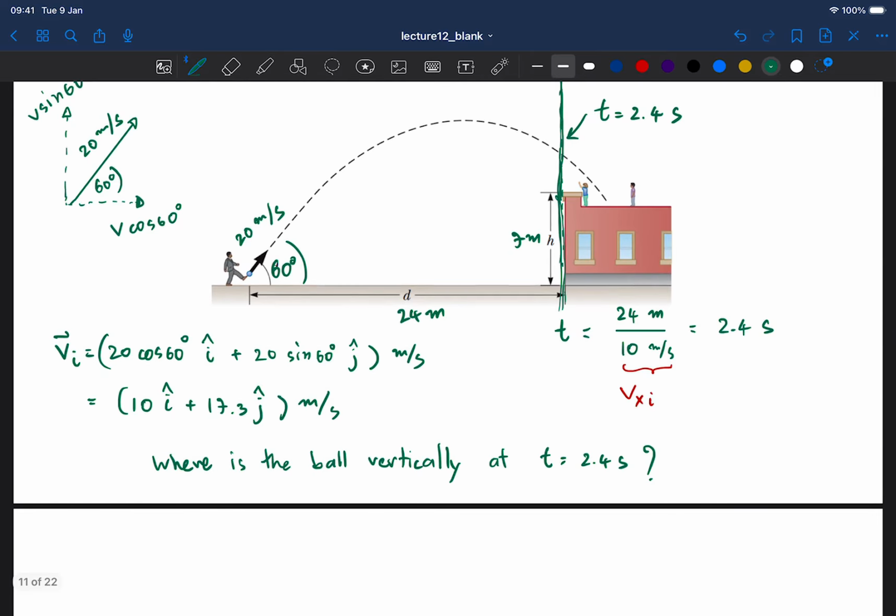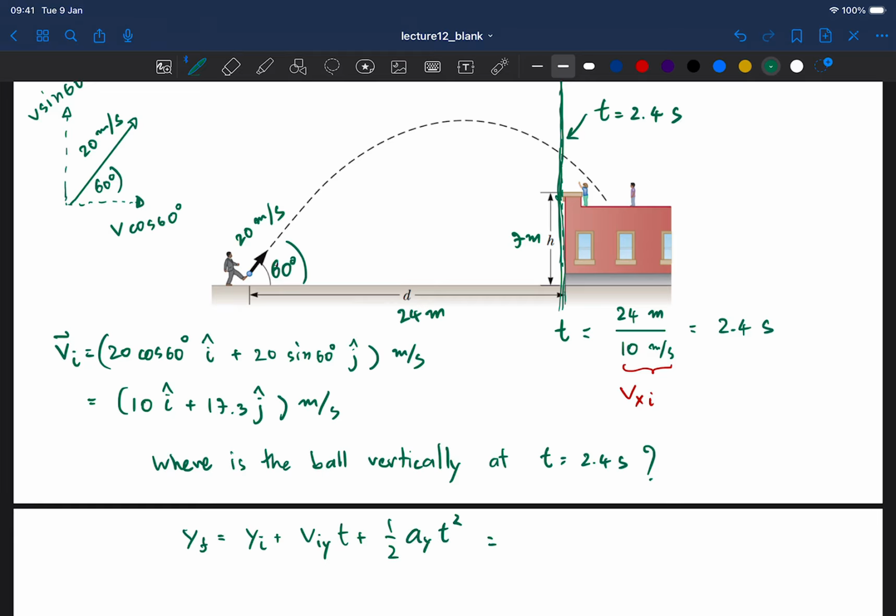Here you're going to use the formula for the y displacement: yf equals yi plus viy t plus 1/2 ay t squared.